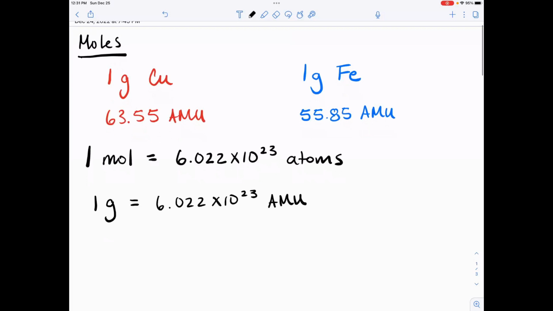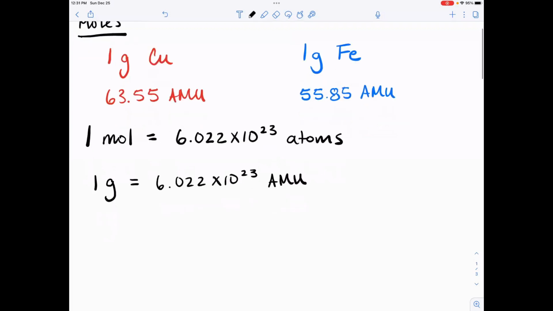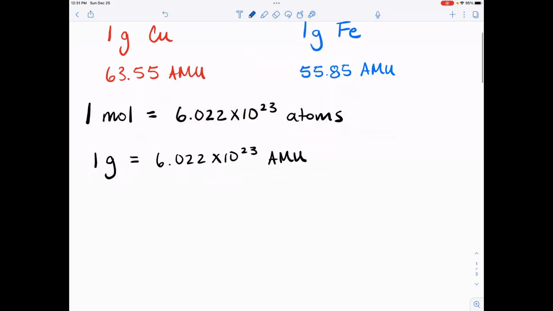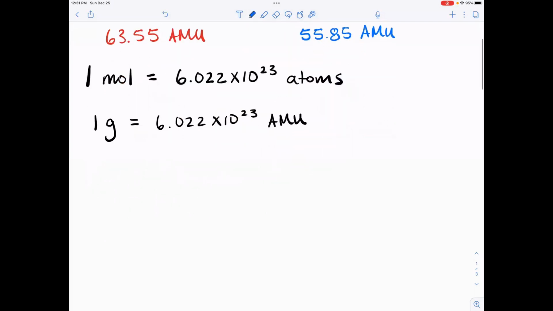The reason this is significant, and the reason moles are defined this way, is that we can find how many grams of iron are in 1 mole. Let's start with 55.85 AMU in 1 atom of iron.